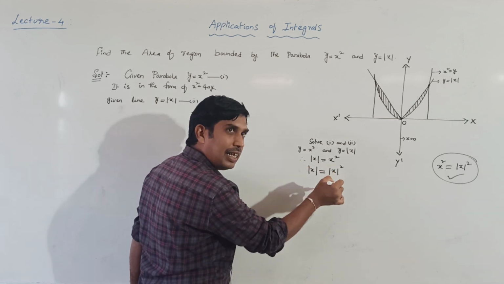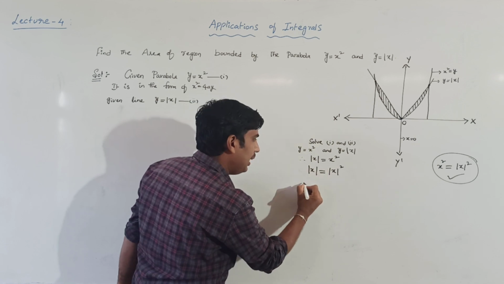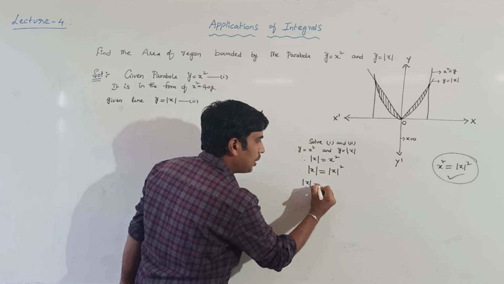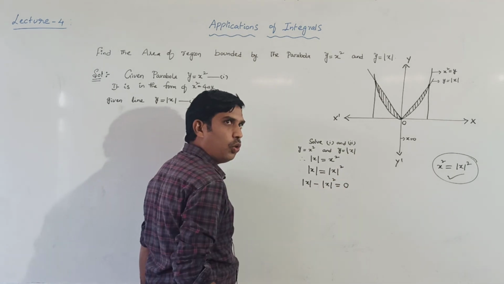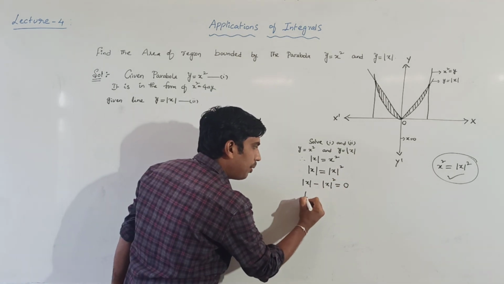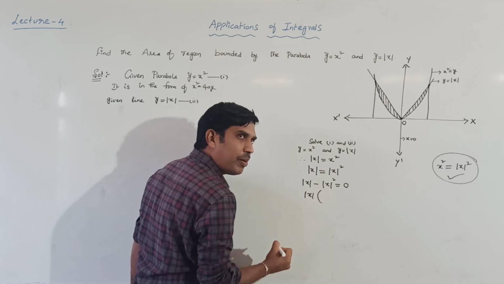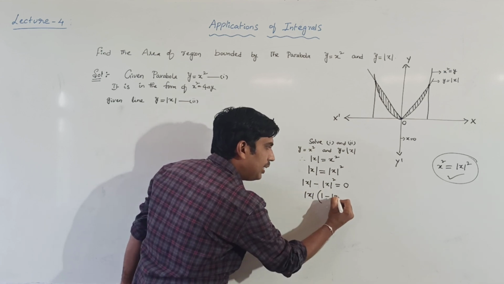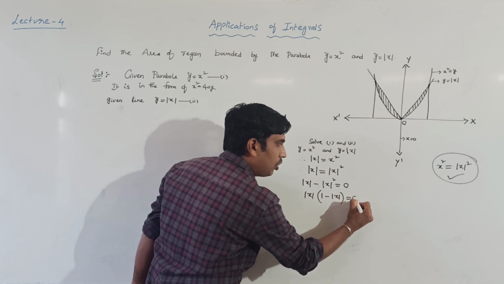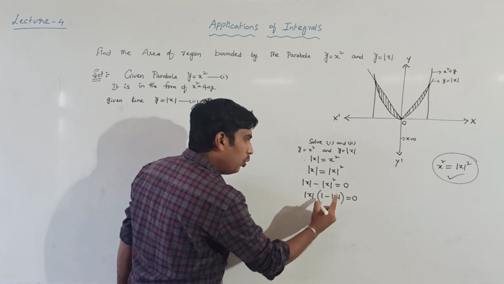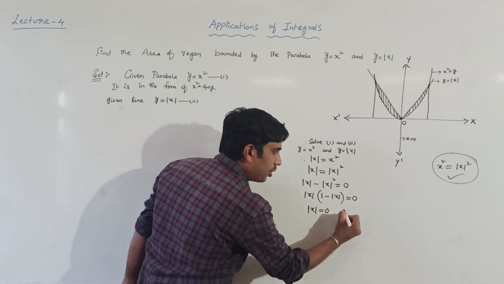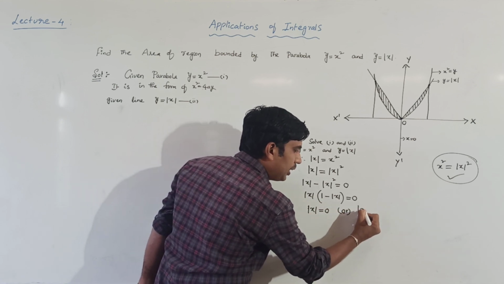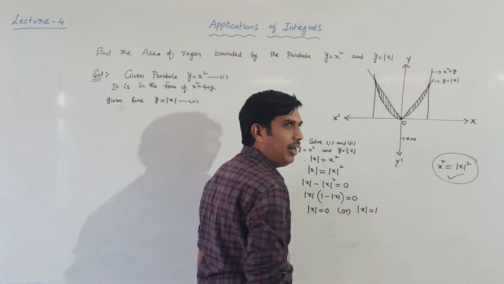So don't cancel, you take one side. So mod x minus mod x square is equals to 0. Now you take mod x common, what is remain? 1 minus mod x is equals to 0. Now either mod x is equals to 0 or mod x is equals to 1.